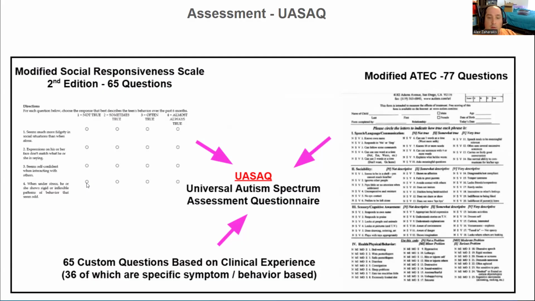We added several symptoms, behaviors, and question traits based on the 300 plus participants that we had previously with a much simpler survey, for a total of about 200 questions. The modifications to the SRS2 and the ATEC were made to capture the change in the individual.